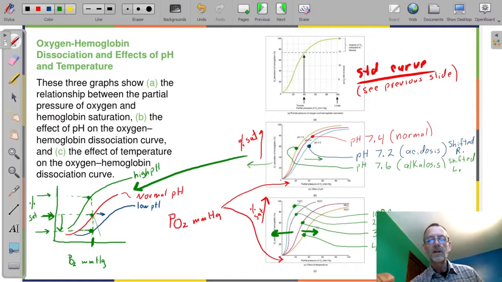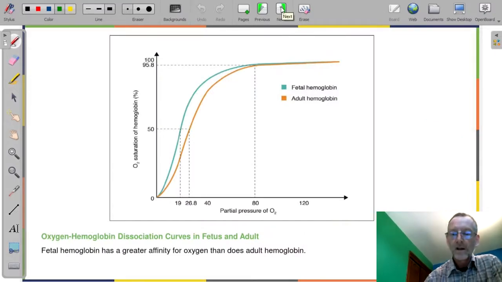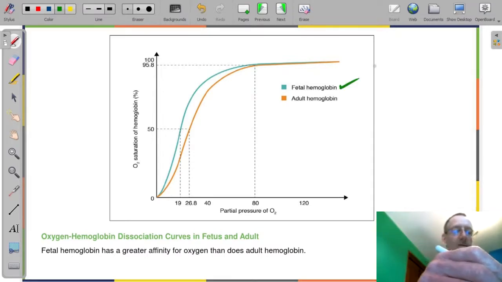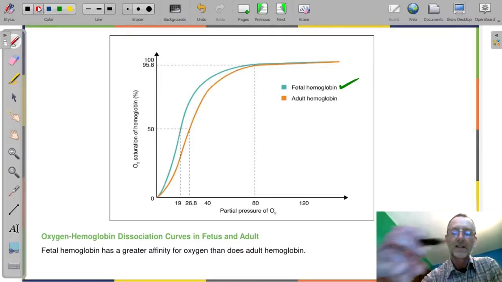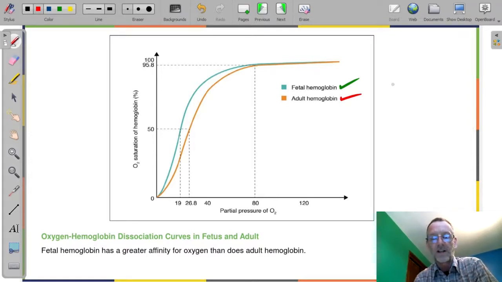Okay, continuing on with the same idea, here are two different hemoglobins. One is produced during fetal development in utero. We talked about this earlier in the blood lecture. And then we have the adult hemoglobin. And after birth, the fetal hemoglobin is broken down and adult genes turn on and produce adult hemoglobin.